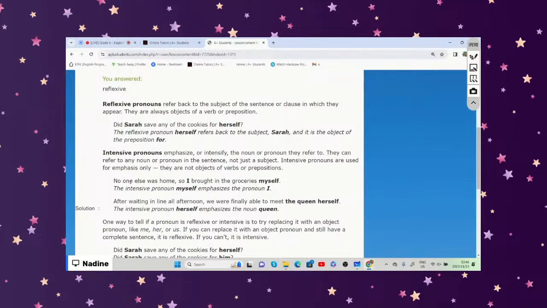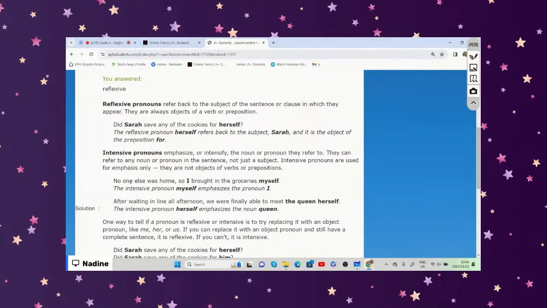It does not just have to refer to the subject, right? The reflexive pronoun only refers to the subject, but an intensive pronoun can emphasize or intensify any noun or pronoun that they want to refer to within a sentence.